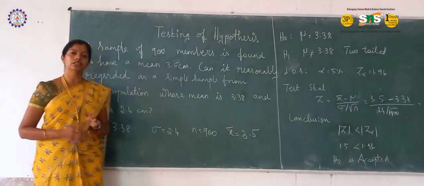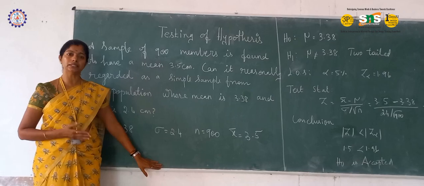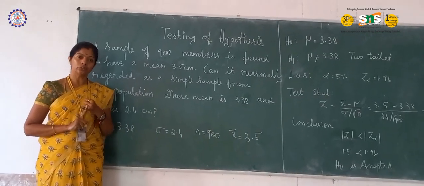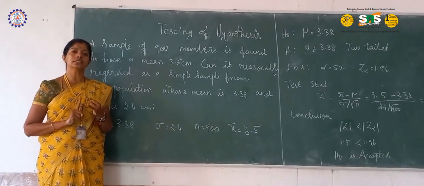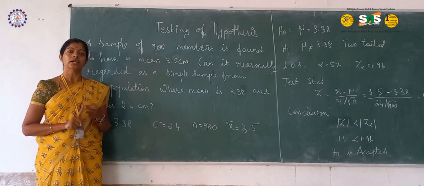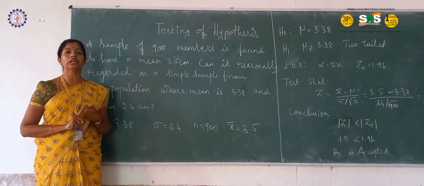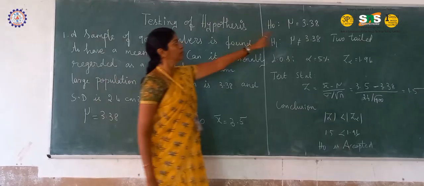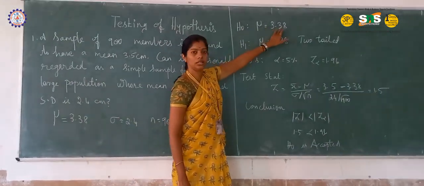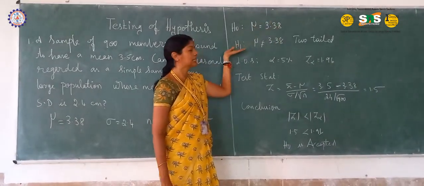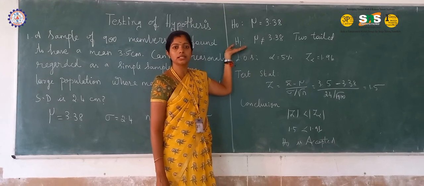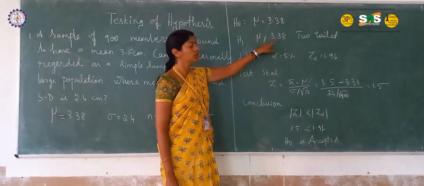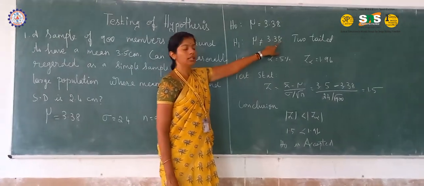After this we have 5 steps to complete this problem. First we have to fix H0, H1, alpha, and the test statistic. Then we have to give the conclusion. We assume H0: mu is equal to 3.38. As I said, we fix an alternative hypothesis H1: mu is not equal to 3.38.